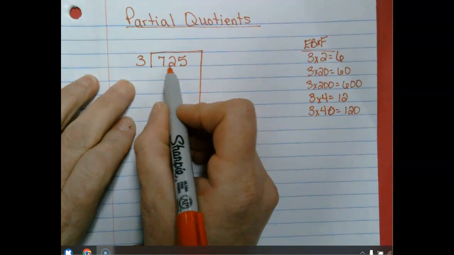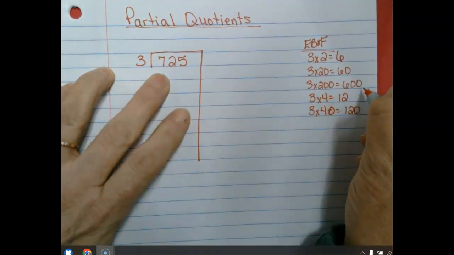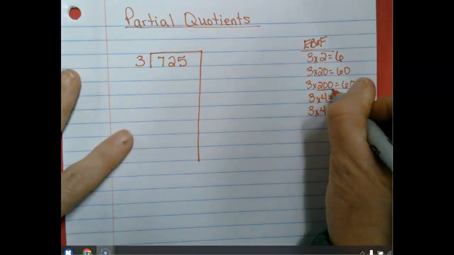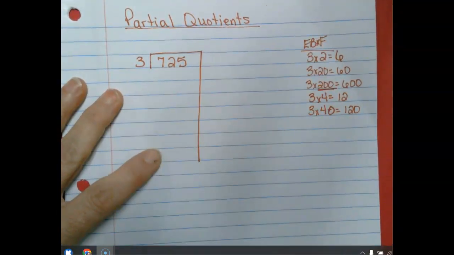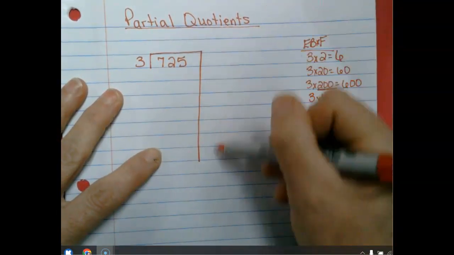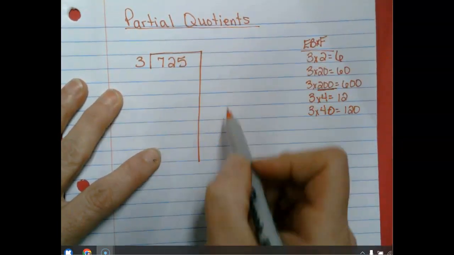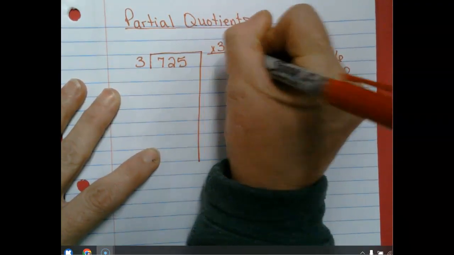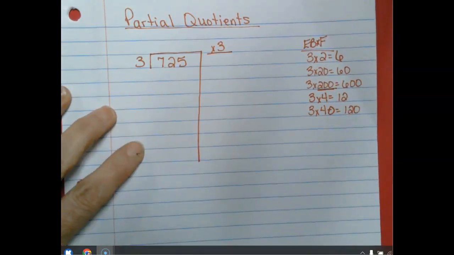Well, if I'm dividing 725 by 3, then I know that 600 is pretty close to 725. So I'm going to use 200 as my first factor. So what I'm going to do is I'm going to come over here, and just to help me remember what I'm doing so that I can remember what this column stands for, this column is my partial quotients, or what I'm multiplying times 3 to get me as close as possible to 725.